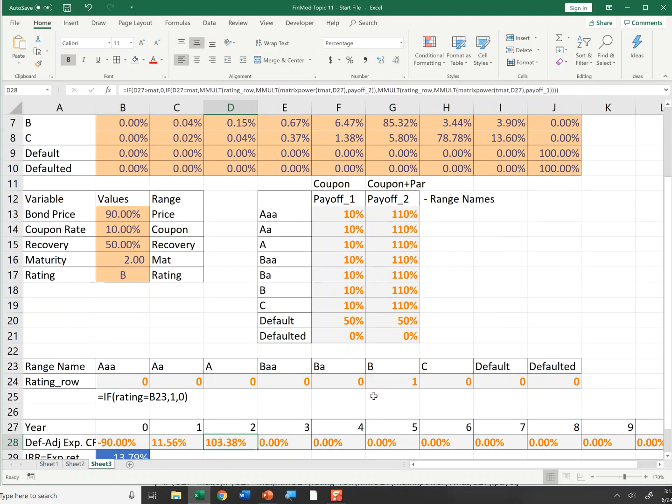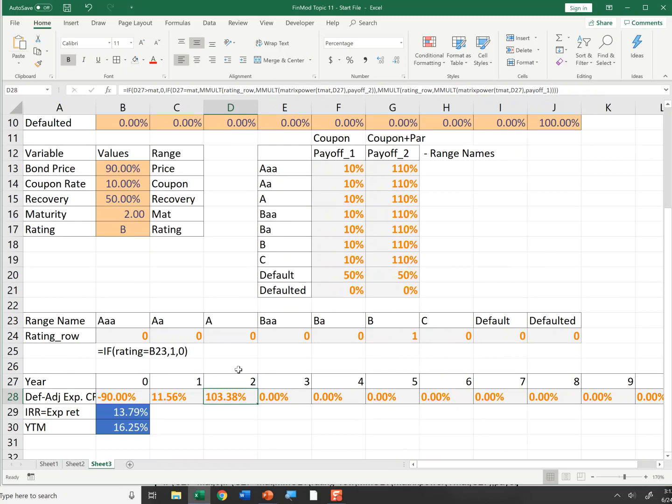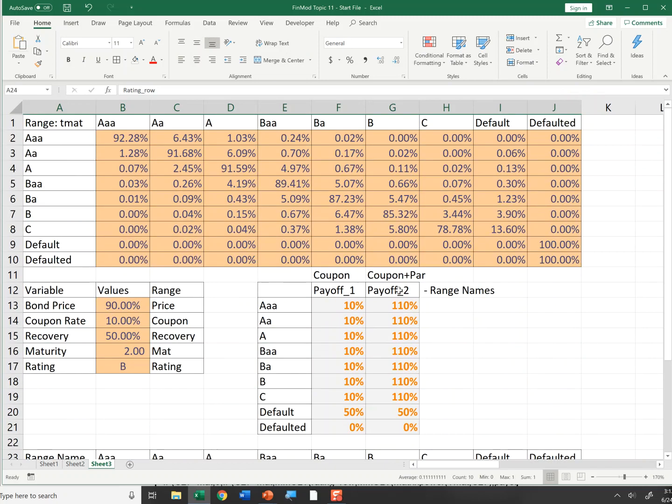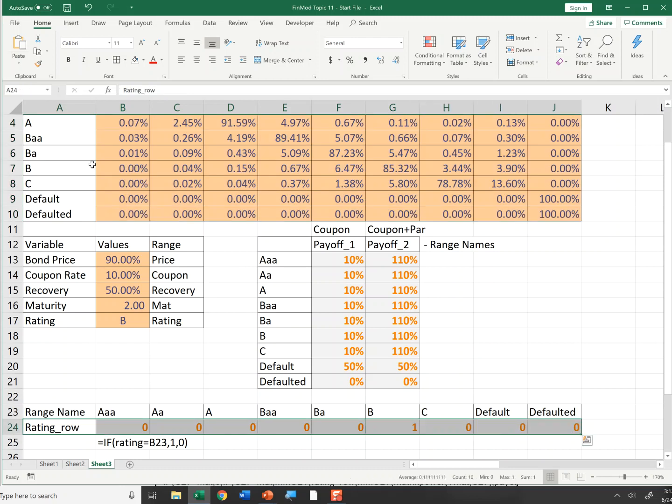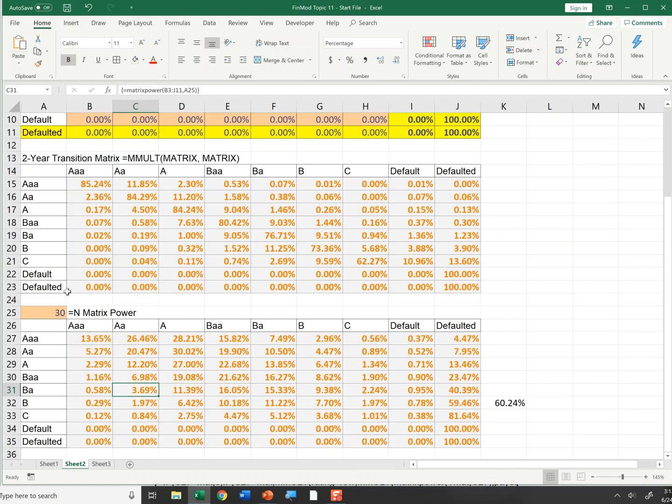And how it's doing that is when you multiply, say, this row times this transition matrix, and this row is all zeros with a 1 on the B, it'll take that transition matrix and isolate this row of the second power. In other words, it's going to grab the values of the squared transition matrix and give you these probabilities.